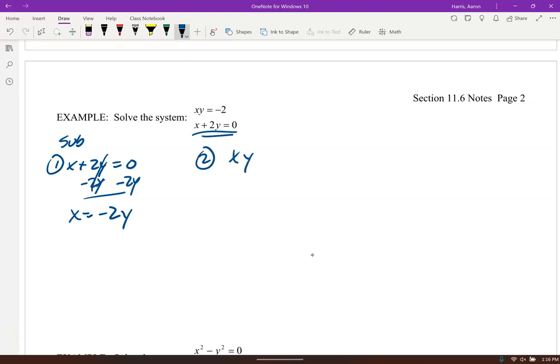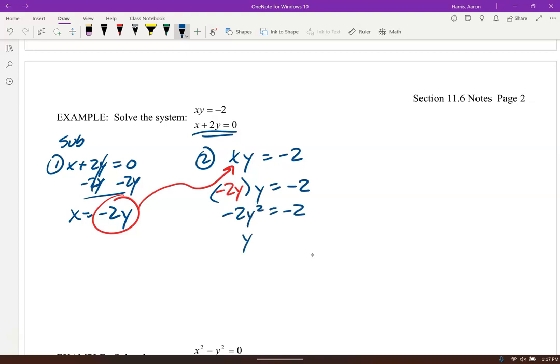Now I'm going to plug it into the other one: xy equals negative 2, and I plug x in. So I have negative 2y times y is negative 2. In other words, negative 2y squared is negative 2. Divide by negative 2 on both sides, and I get y squared is 1. So I square root, and I get plus or minus the square root of 1, which is 1. So y could be 1 or negative 1.